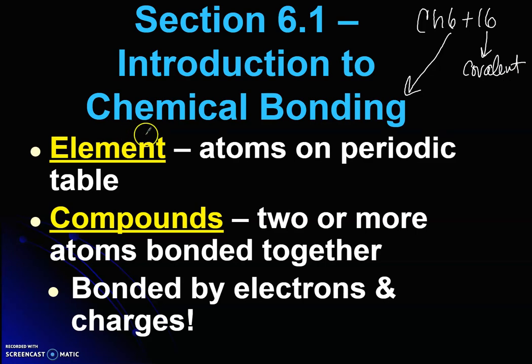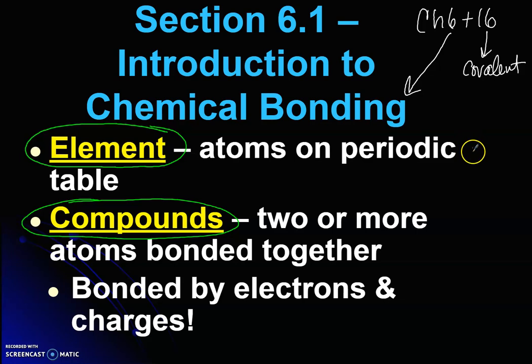All right, at this point of the year, we are switching from talking about our elements and shifting into talking about our compounds. Elements are all of those atoms on the periodic table and are like letters of the alphabet. And compounds are when you have two or more atoms that are bonded together. They either share, give, take their electrons.